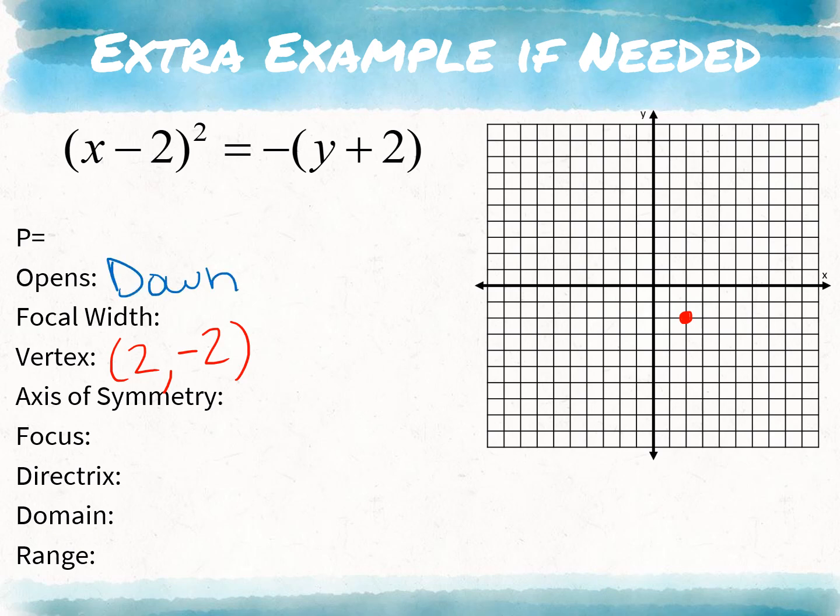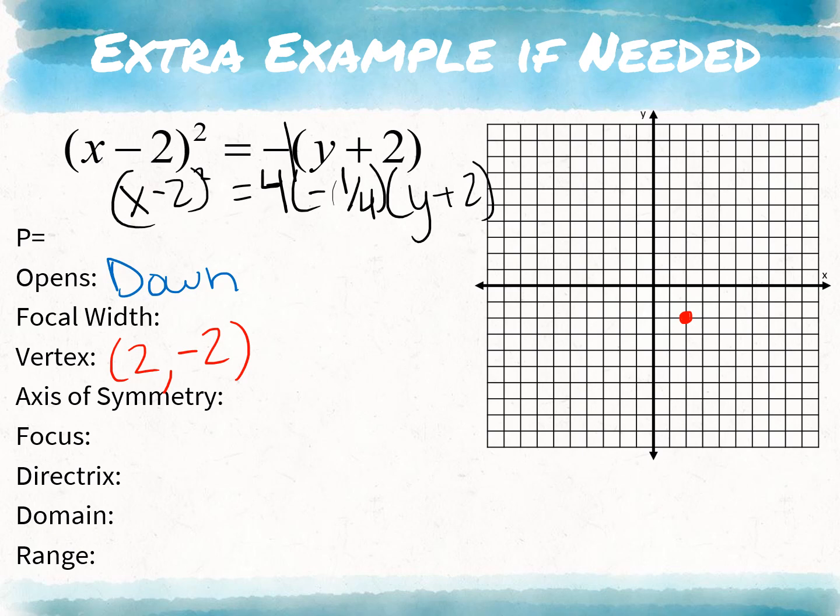Now normally I say, hey, let's rewrite this with a 4 out front. But what can I multiply a 1 by? Technically there's a 1 here. What can I multiply 4 by to get a 1? Right? If I divide 1 by 4, it'd be 1/4.